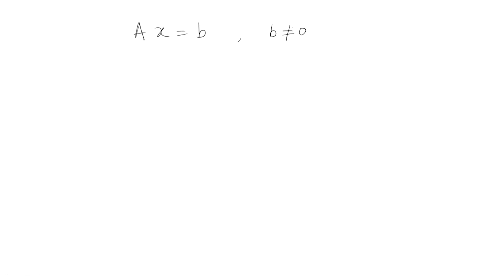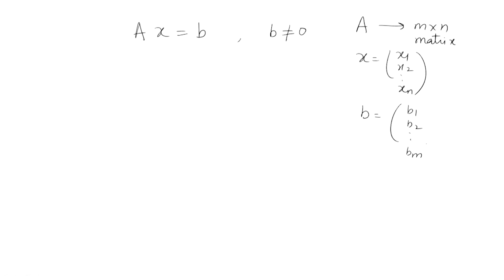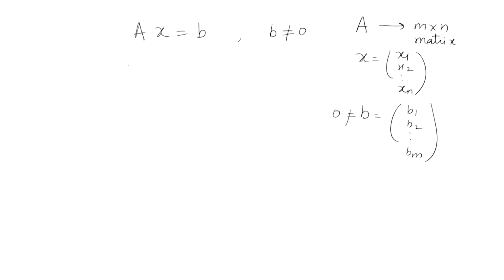A is the coefficient matrix which is of order m cross n. x is a vector which is to be found, x1, x2 up to xn, and b is a vector b1, b2 up to bm, and this is not equal to 0, because if it is 0, then this will be the homogeneous system of equations. And now we are interested to find the solution of non-homogeneous systems of equations.